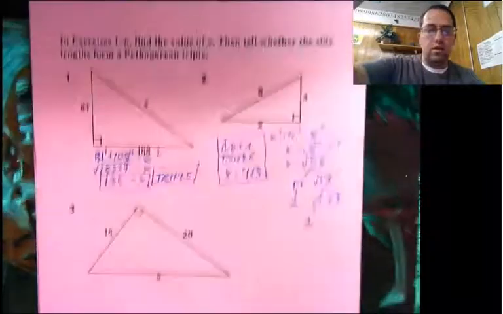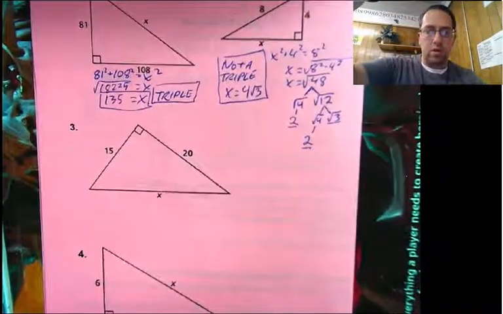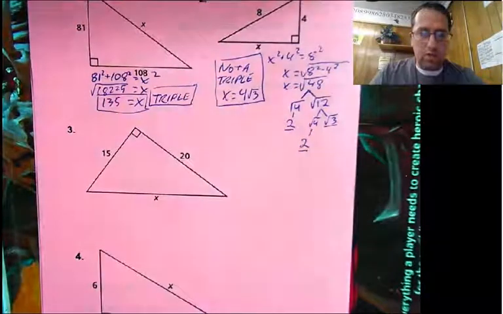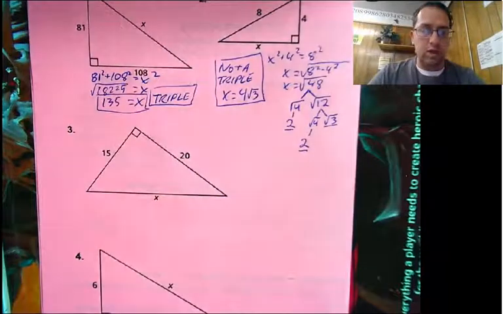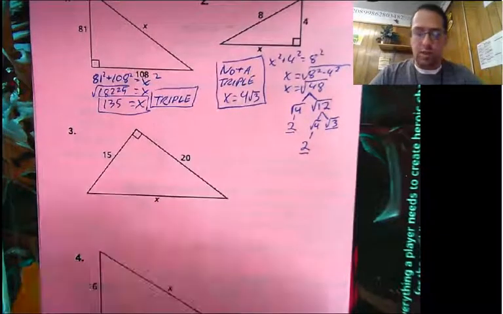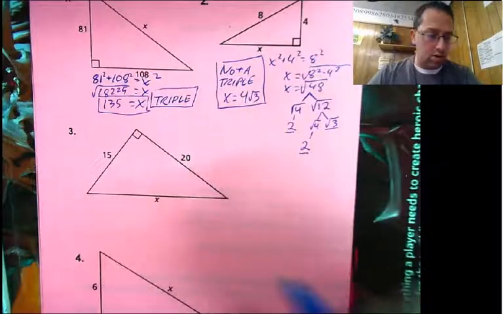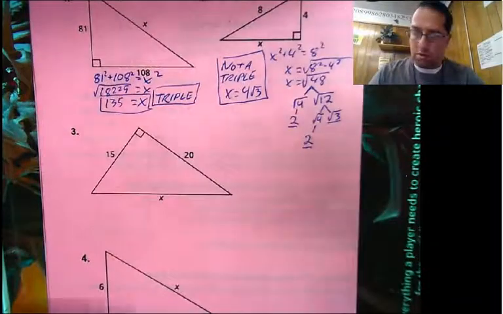Okay, let's take a look at number 3. Number 3, once again, x is across from that right angle, so this is my hypotenuse. This is going to be c in the Pythagorean theorem. Let's change the color so these don't blend together.